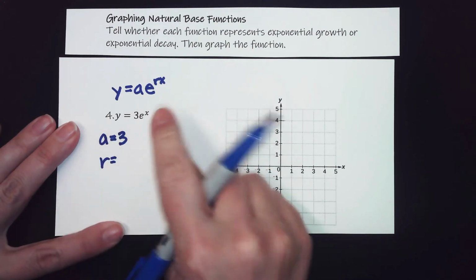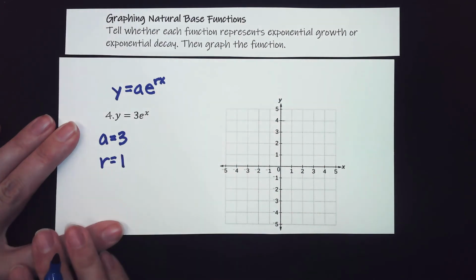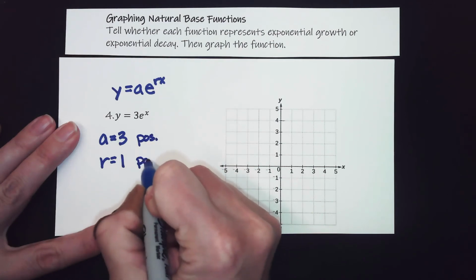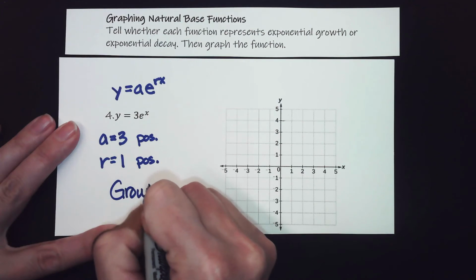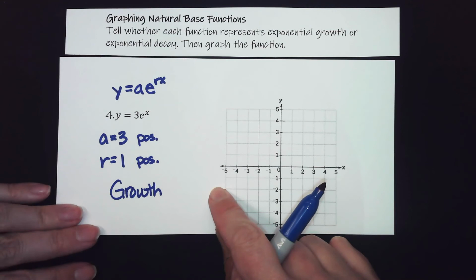R, in this case, since there's nothing multiplying the x, is 1. Since this is positive and this is positive, we know it's growth. Our power is positive, so it's going to be growth.